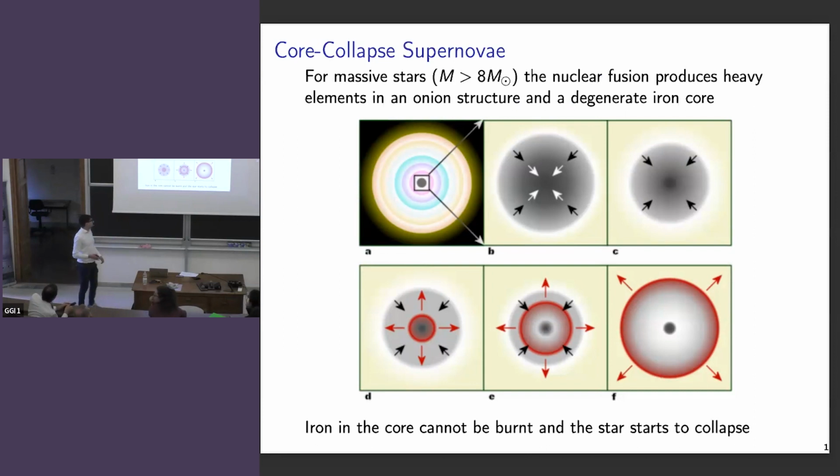Now, since iron is the most stable nucleus, it cannot be burned. So due to gravity, it starts to collapse, but when nuclear densities are reached, it becomes incompressible and it bounces, and a shock wave is generated, transforming the implosion into an explosion. And this is the way in which a core collapse supernova happens.